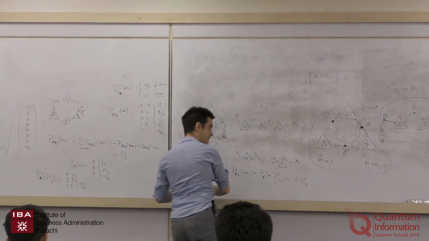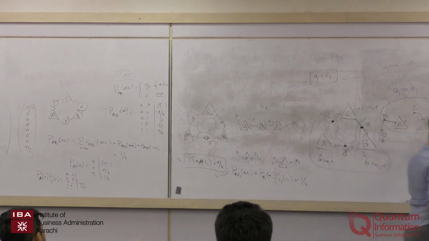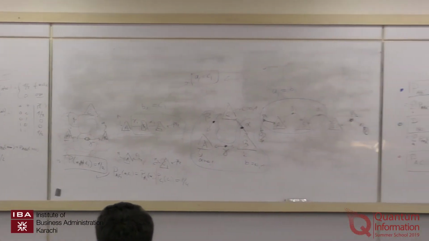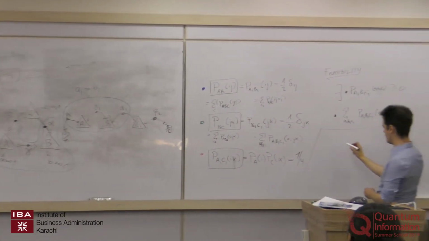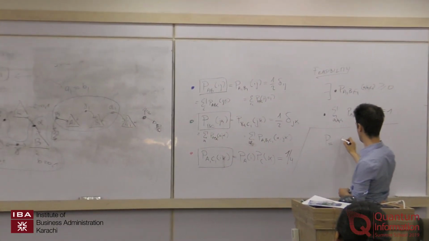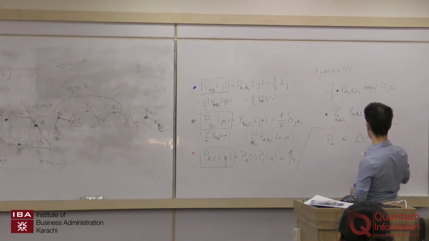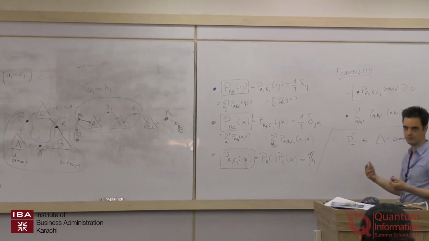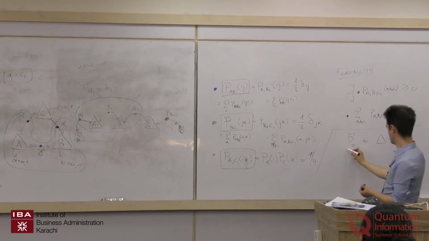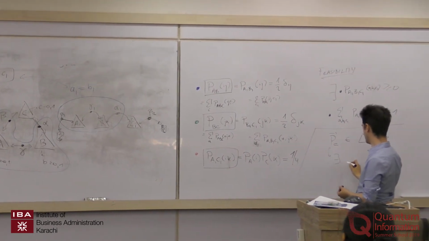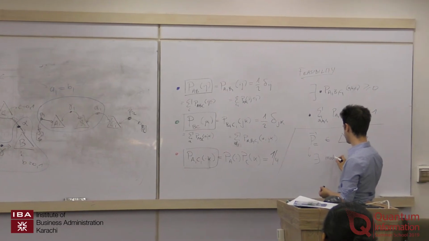So what do we do with this? Now we go to the final thing. What we did was to assume that P equal was inside the set of triangle compatible correlations. That was our assumption. From this, we assumed that there existed a model.